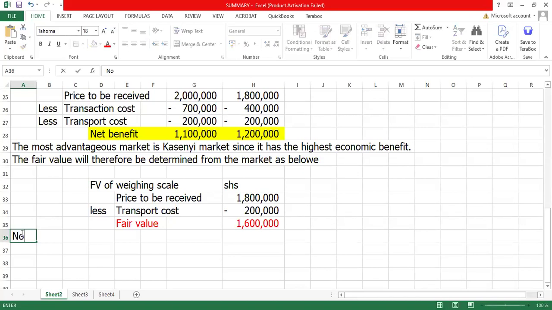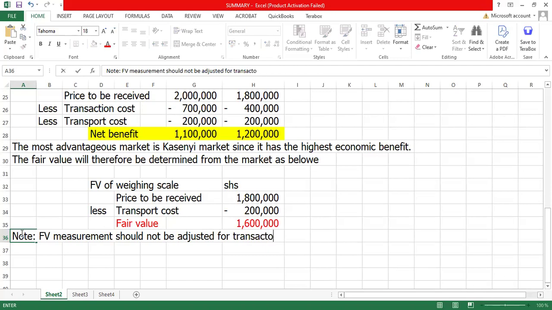Just to note that the fair value measurement should not be adjusted for a transaction. Should not be adjusted for transaction costs.